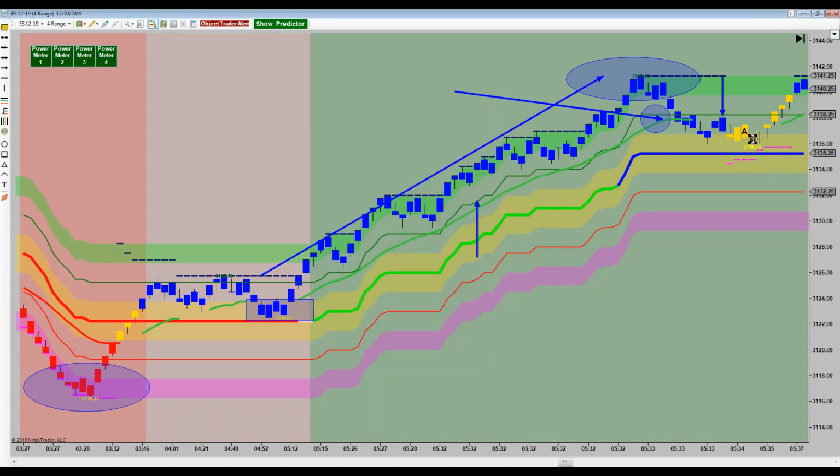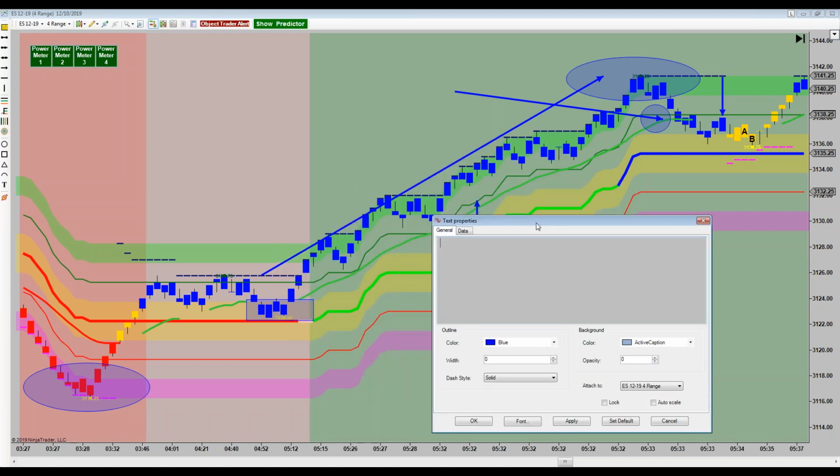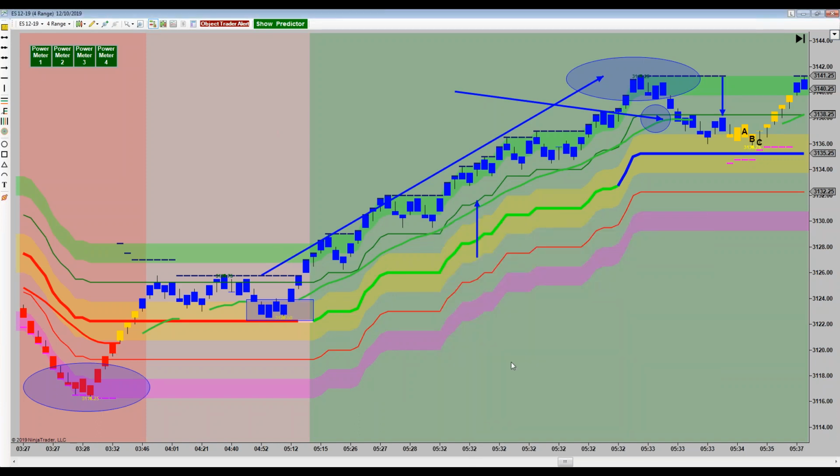Or bar C? Type in the letter that you think the retracement is halted or reversed, and now the buying in the uptrend has resumed. Is it on bar A, bar B, or bar C?